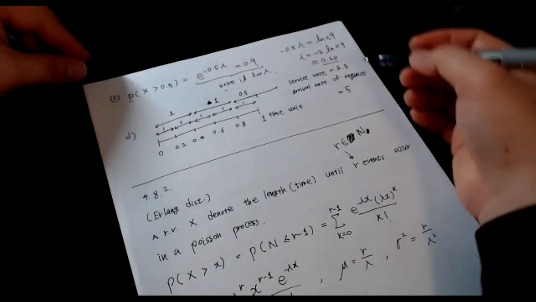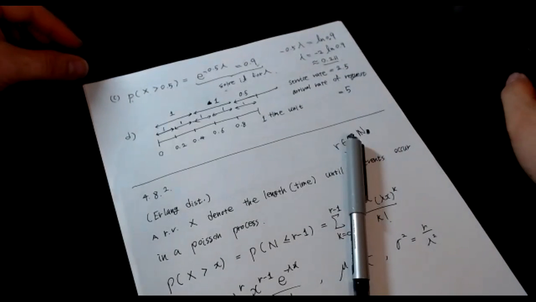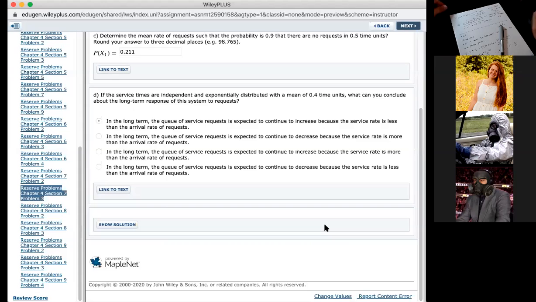Okay, so next question. The next question is really interesting. If the service times are independent and exponentially distributed with a mean of 0.4 time units, what can you conclude about the long-term response of this system to requests?